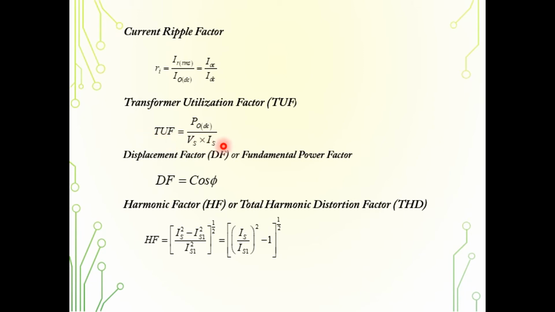So it is P0 DC by Vs into Is, where Vs is the secondary voltage of the transformer and Is is the current through the transformer. Next is the displacement factor, and then the harmonic factor, a parameter which measures the ripple in the output.